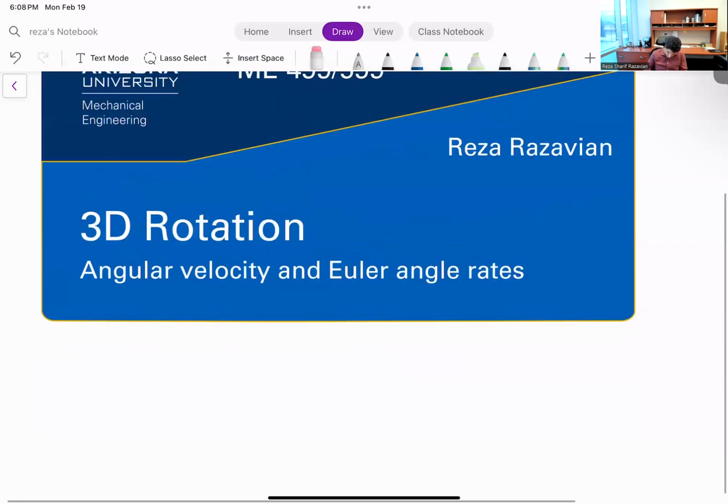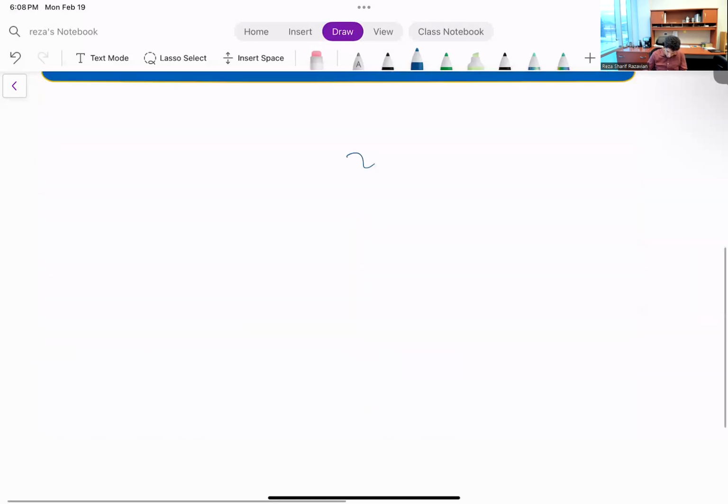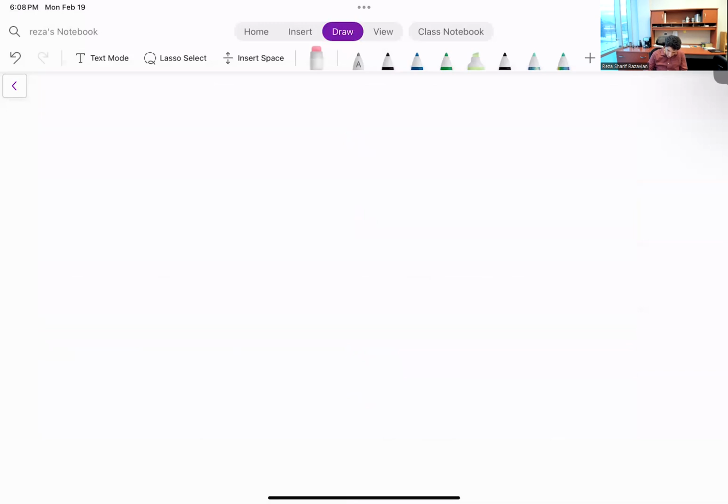So, I have to write something here so we can move. Okay. So in the previous video, we saw that rotations in general are sequence dependent. So what you end up with is different depending on what sequence of rotations you choose.